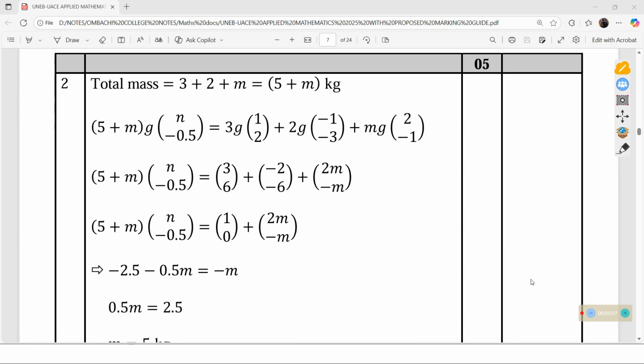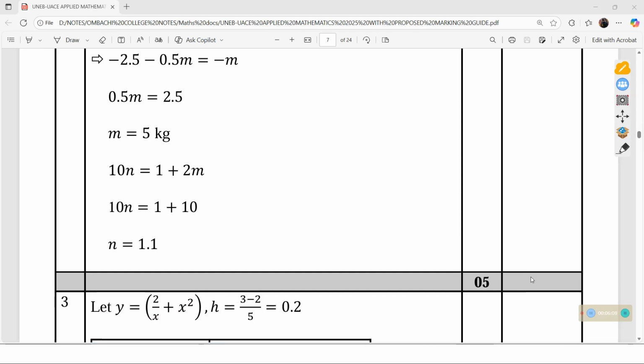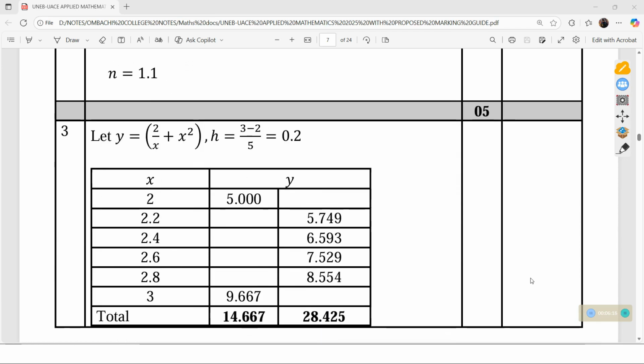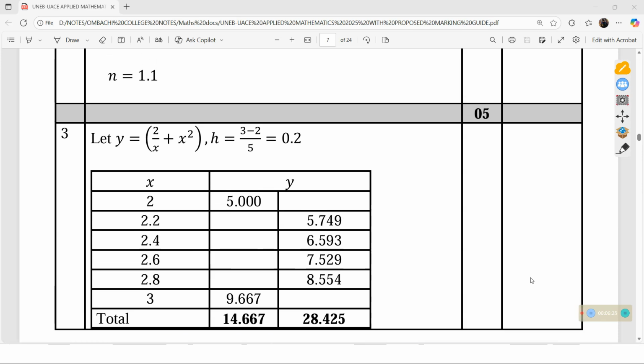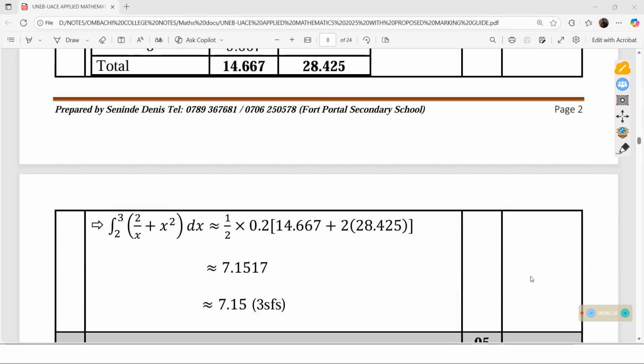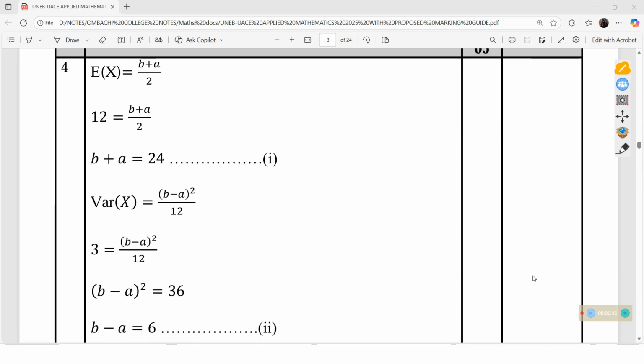So we have a solution to question number 2. So we have solution to number 3. Feel free to pause the video so you can get at the solutions very well. So we have number 4.